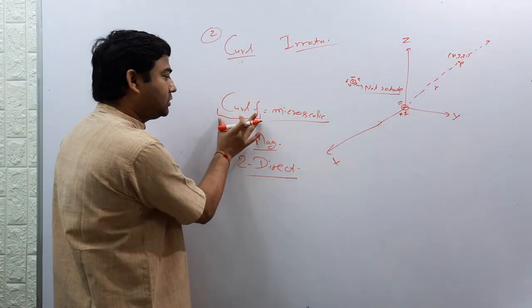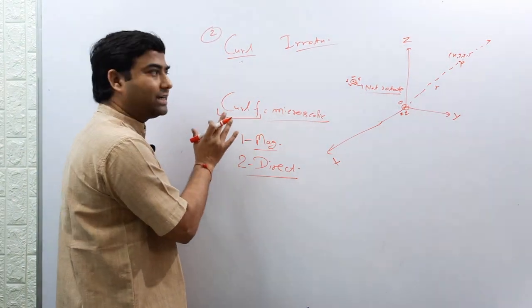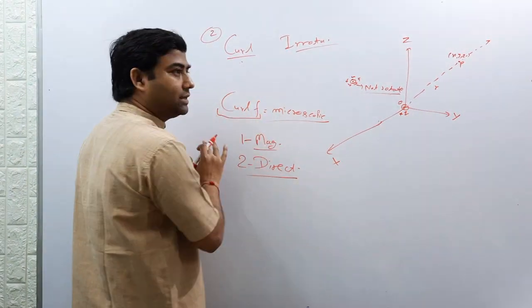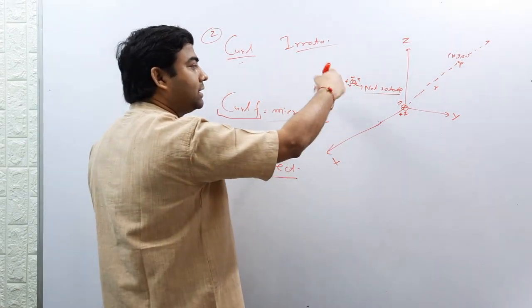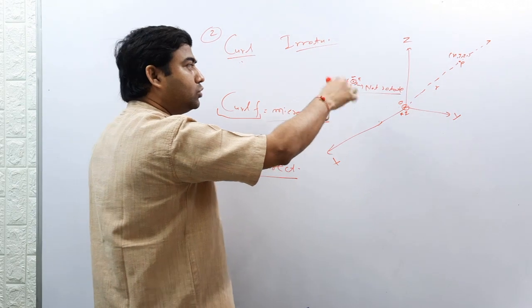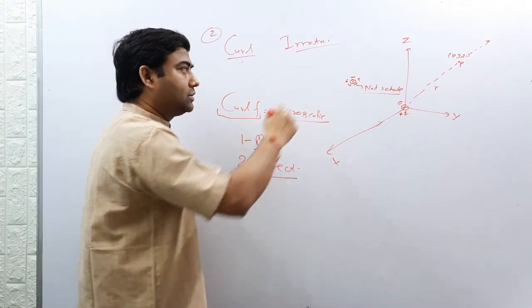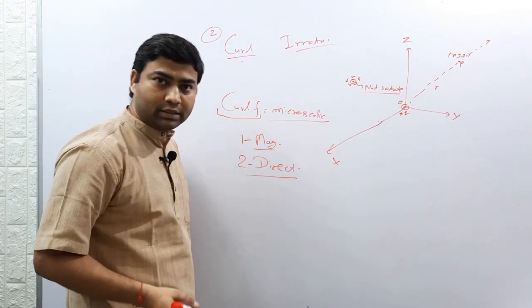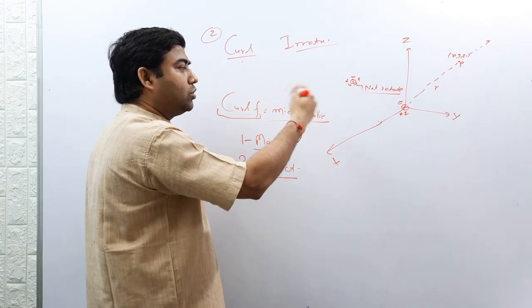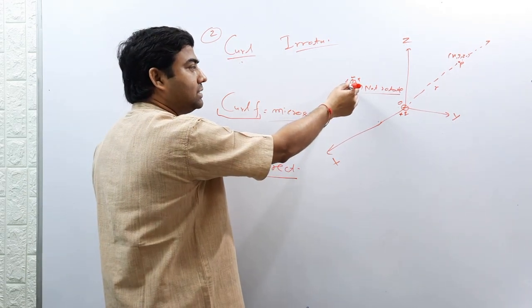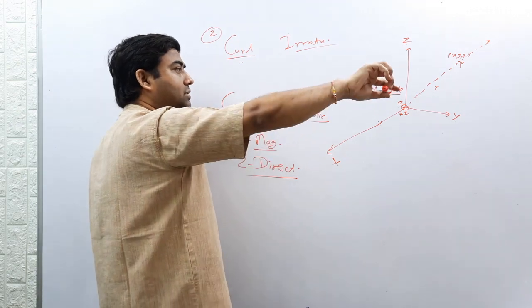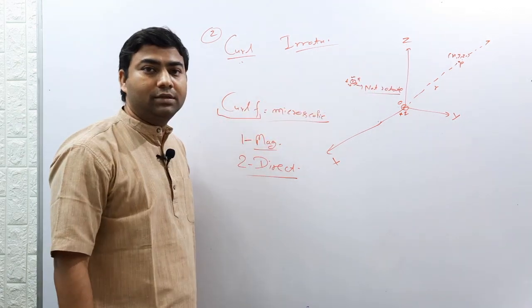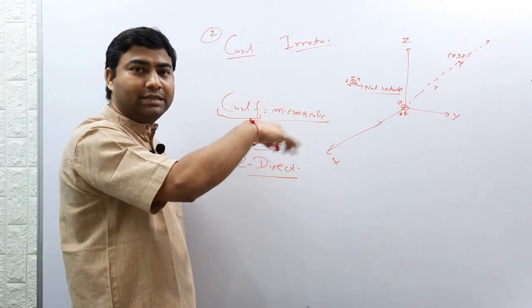So the direction of the curl vector will decide the rotating direction of this ball, that is clockwise or anti-clockwise. Generally anti-clockwise direction is assumed coming out from the board, and clockwise direction is assumed going inward in the plane. That is the convention.